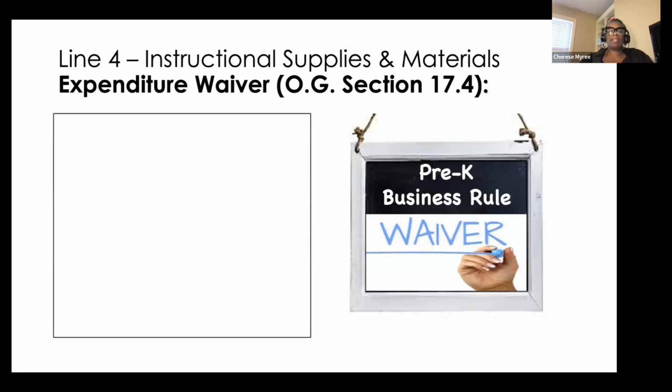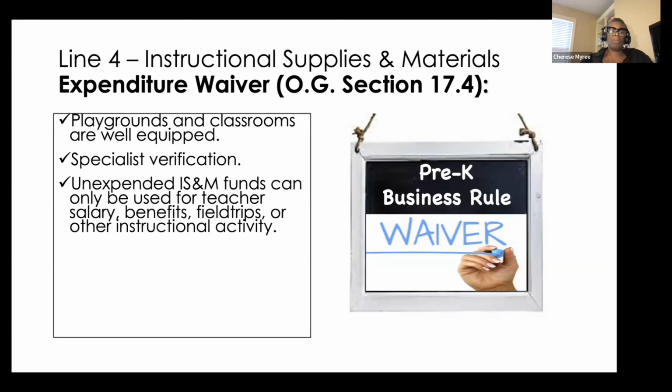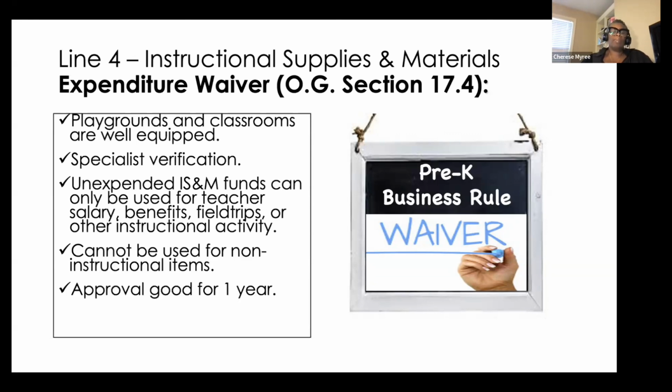When we look at instructional supplies and materials, there are some waivers that go along with that. It could be things like playgrounds and classrooms that are well equipped. You would have to have a specialist verify that. So you need to keep your email or approval on file for any waivers that you receive.